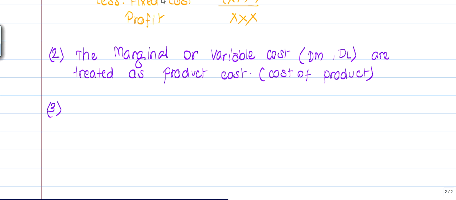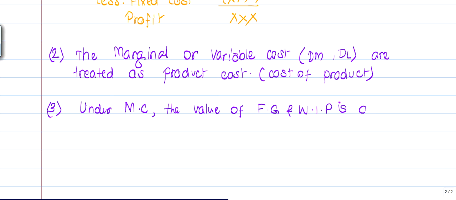In the calculation under marginal costing, the value of finished goods and work in progress is also comprised only of marginal cost.